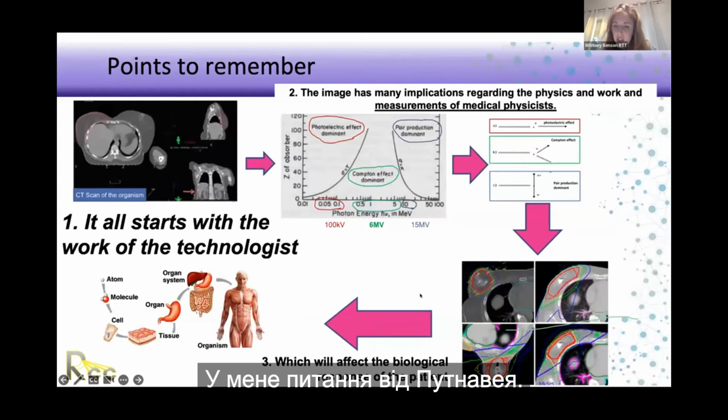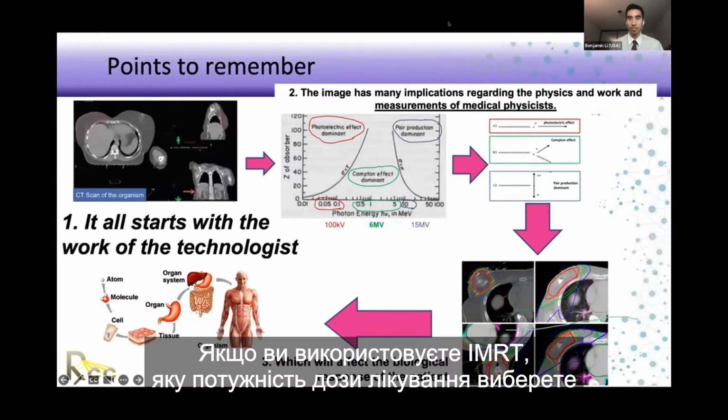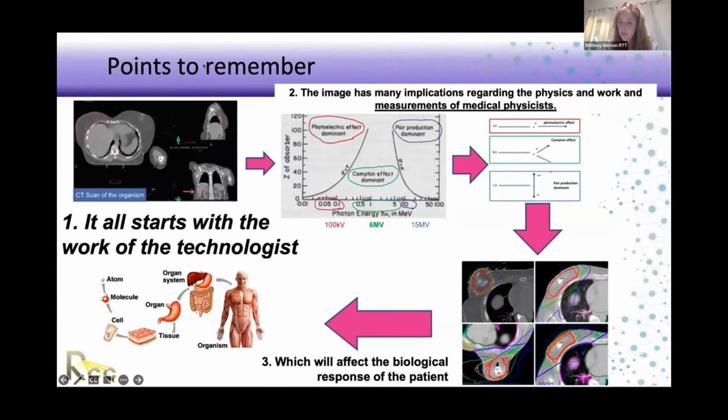I have a question from Putting Away. If you use an IMRT treatment plan, do you use highest or lowest dose rate? That's a good question. I guess it depends.